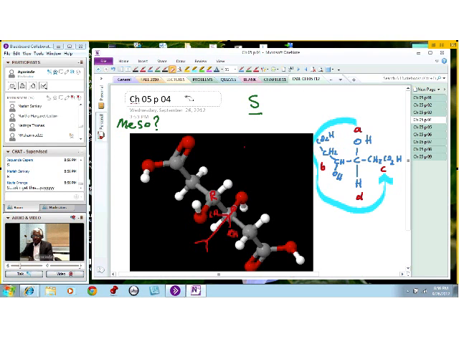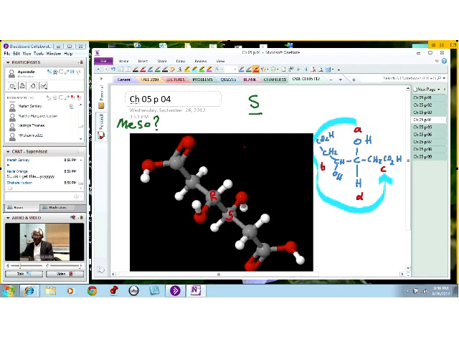So what we have, we say this group here has an absolute configuration of S. Remember what I told you in the previous problem? See what they are?